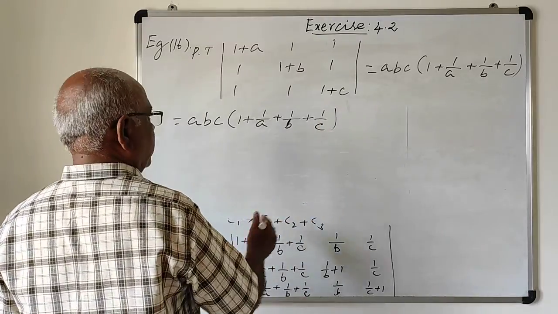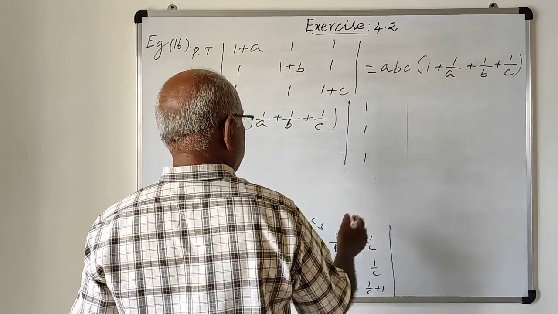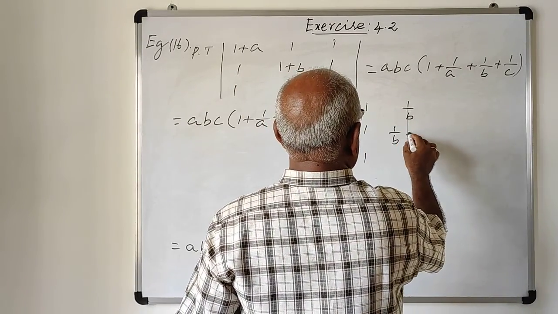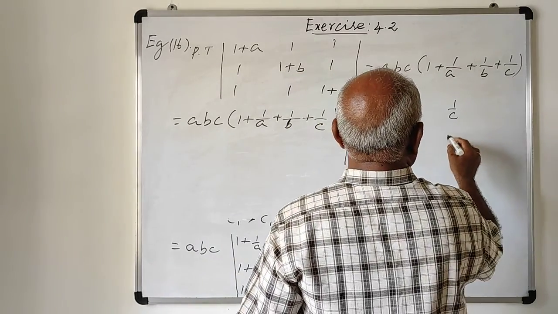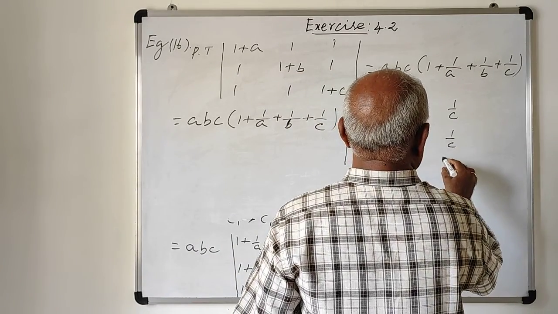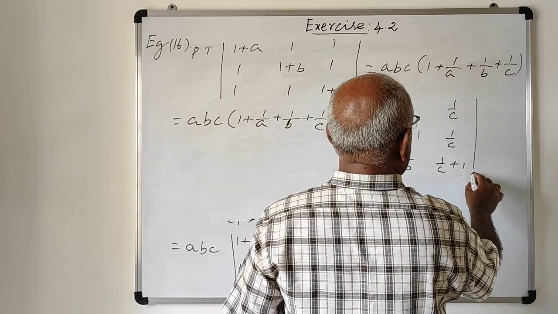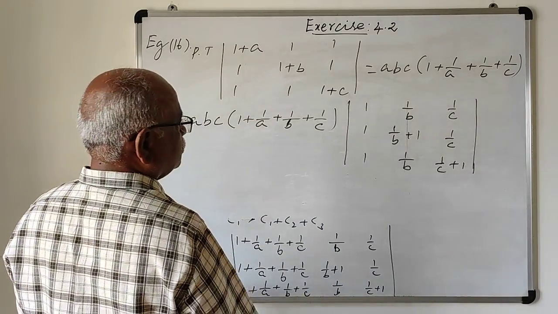From the determinant, the first column becomes 1, 1, 1. Second is 1 by b, 1 by b plus 1, 1 by b. Third is 1 by c, 1 by c, 1 by c plus 1.